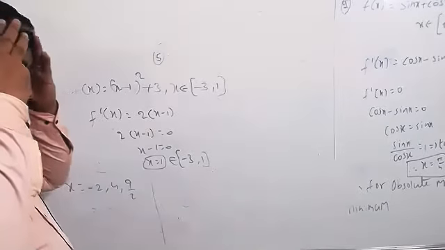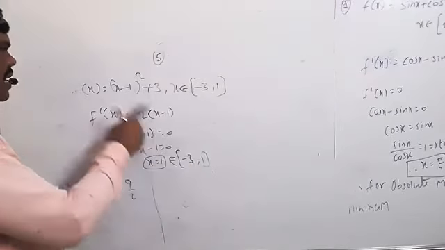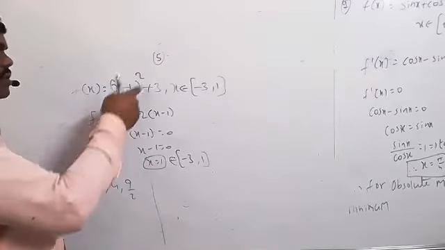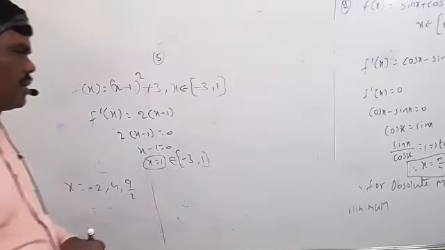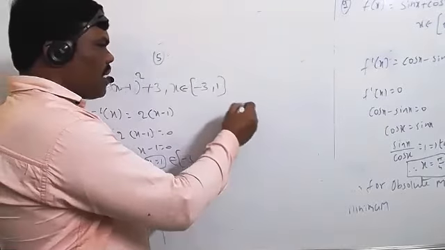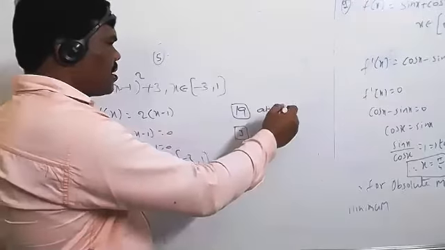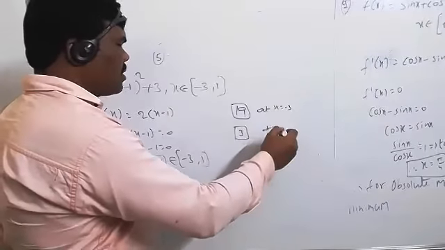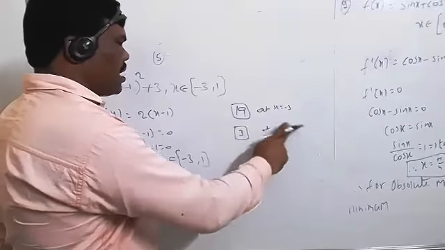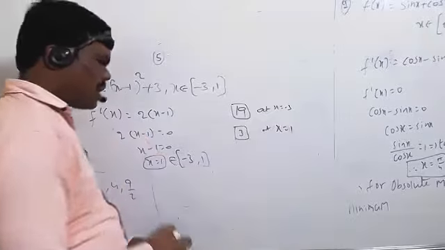That is the minimum value. For x equal to minus 3: minus 3 minus 1 equals minus 4, squared is 16, plus 3 equals 19. So 19 is the absolute maximum and 3 is the absolute minimum, at x equal to minus 3 and x equal to 1 respectively.